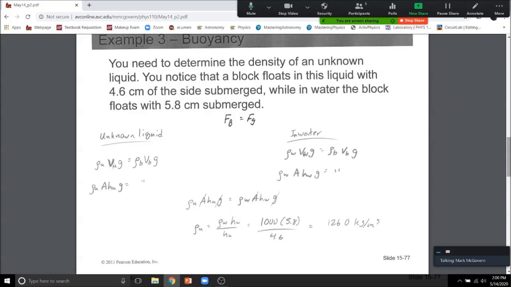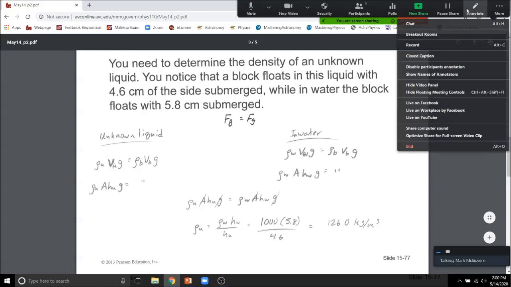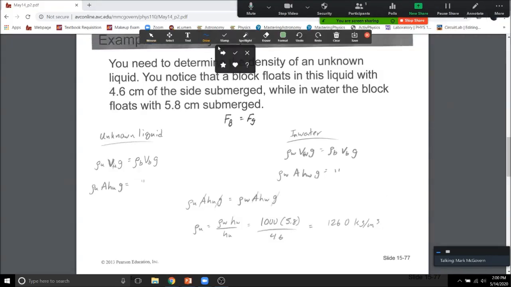In water, the block floats with 5.8 centimeters submerged. So the block is floating in both circumstances. We're going to do the same exercise we've been doing, and the key to things that float is to maintain this relationship: buoyant force equals gravitational force.